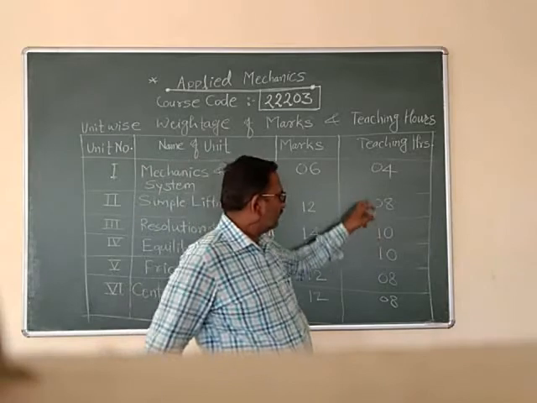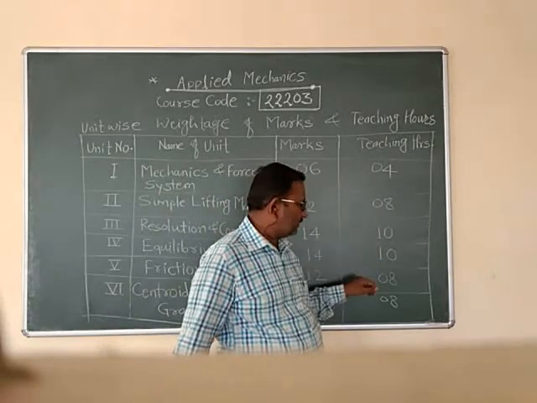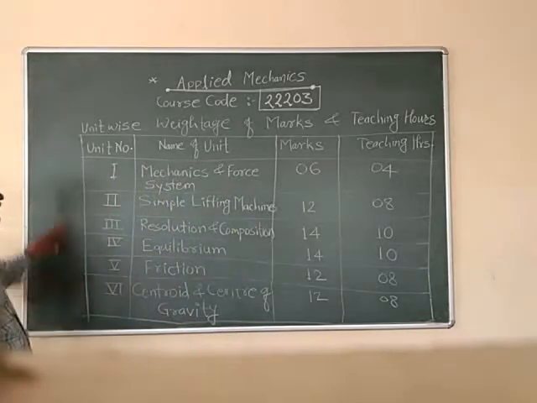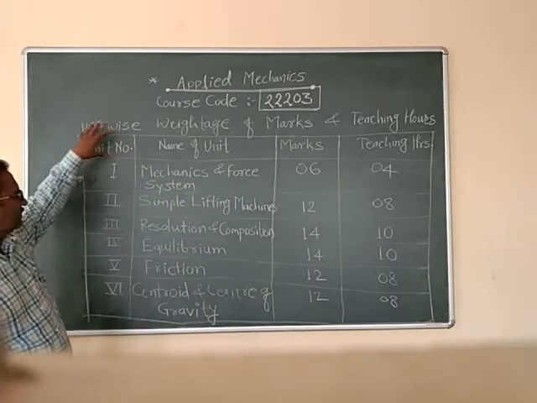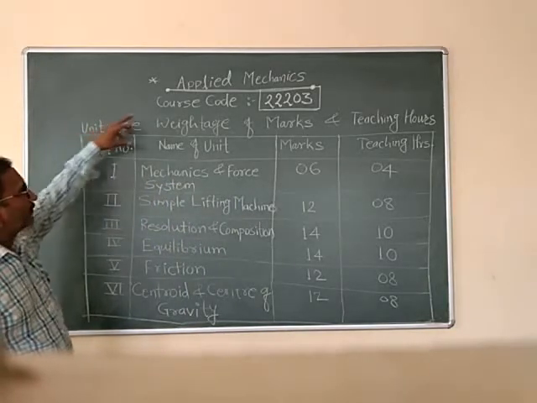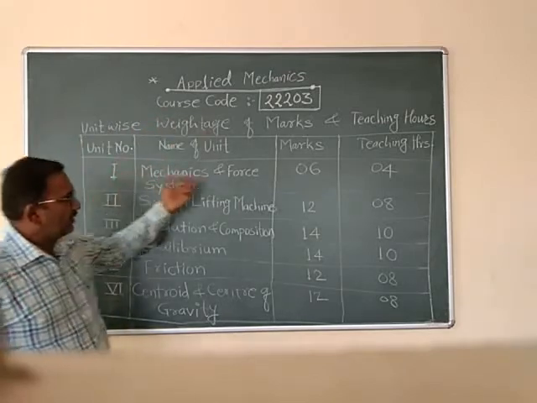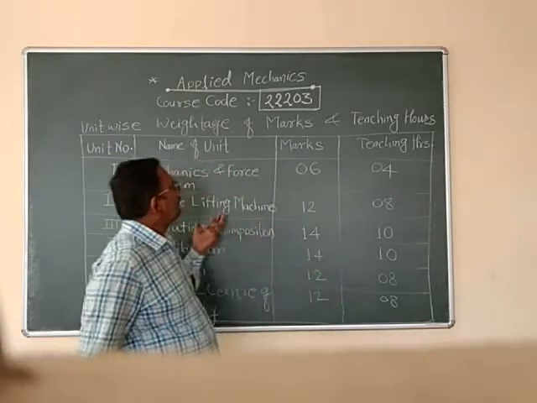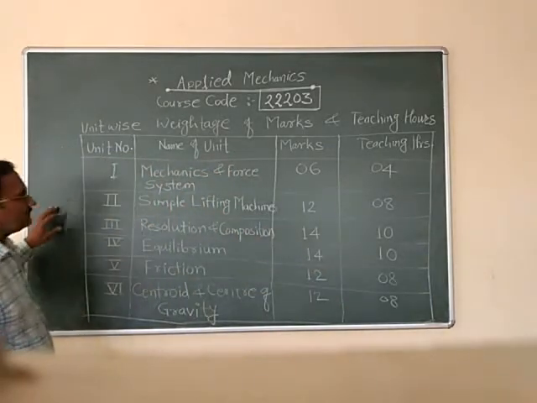And teaching hours 4 plus 8 plus 10 plus 10 plus 8 plus 8 is 48 hours. The total syllabus of applied mechanics is for 70 marks with 48 teaching hours.